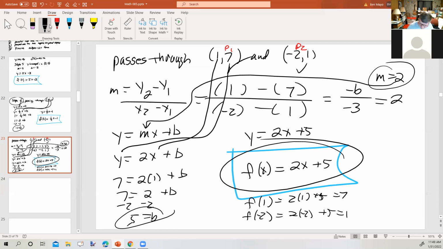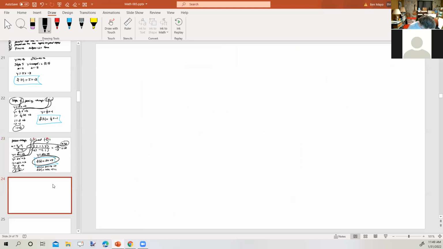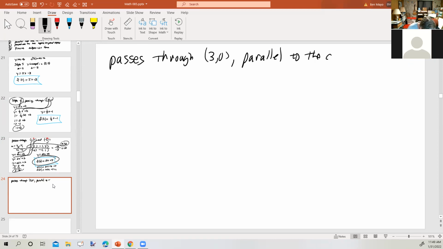Okay, now, what about this situation? It says, find the equation for a linear function that passes through 3, 0, and it's parallel to the graph of g of x equals -2/3 x minus 4.